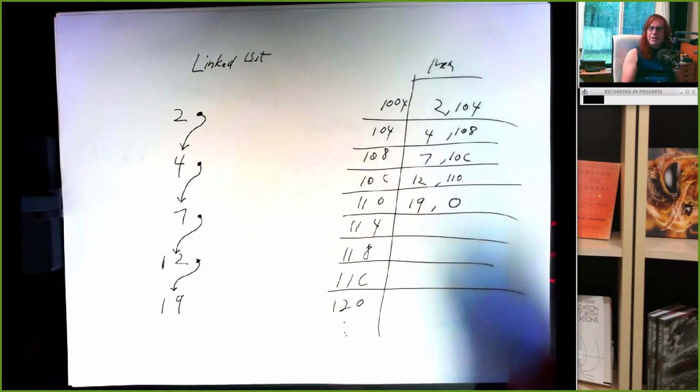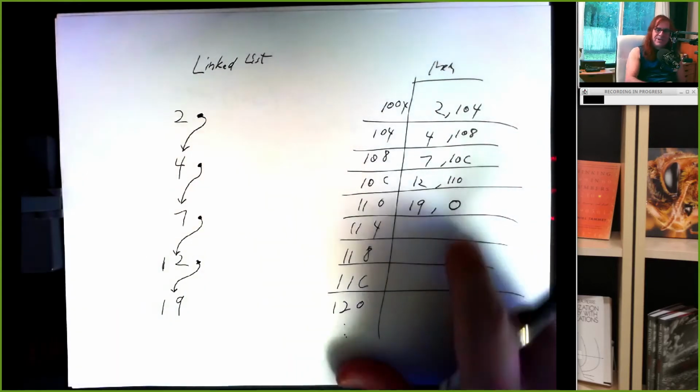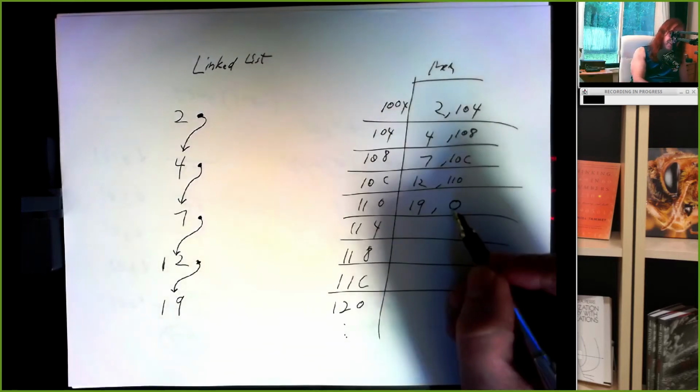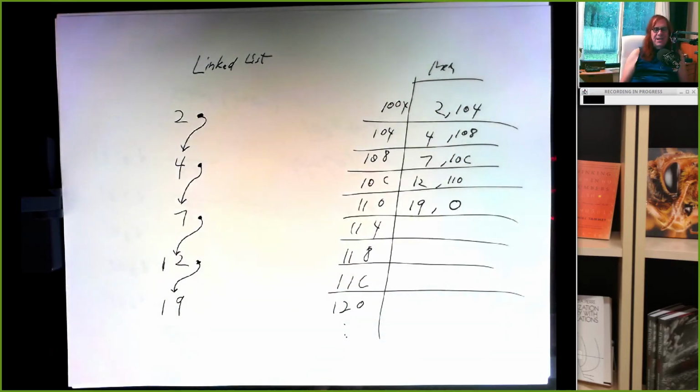And this is why it's important that memory location 0 is not valid. Because if I decided, I'm just going to store 1,000 to mark the end of my array, well, what if I had a number stored in location 1,000? But you're guaranteed there's never a number stored at location 0. So if I put a 0 here for the address of the next number, that's a flag. That's not actually a memory address.